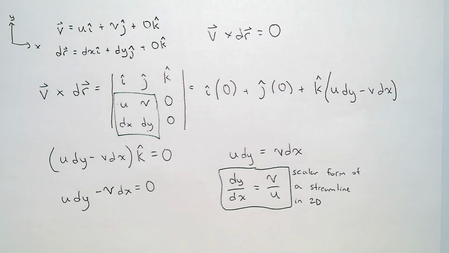Now, we've done a couple of derivations, been half an hour doing just definitions and derivations. So let's go ahead and try an example. This will be example 3.1 from your book. Now, in this example, we're going to have a 2-dimensional flow field.